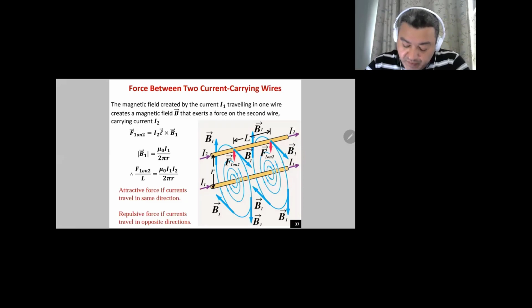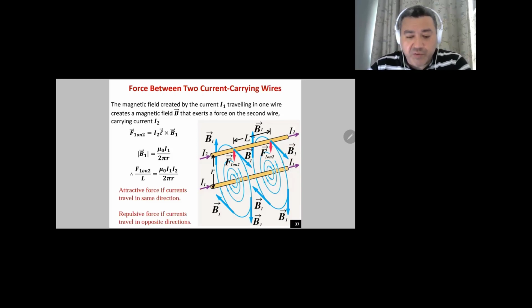So this is the 3D visualization of what's happening. You can see that the force I calculated, F1 on 2, always, yes, that's correct. If it's repulsive, they will be opposite. If it's attractive, they will also be opposite.